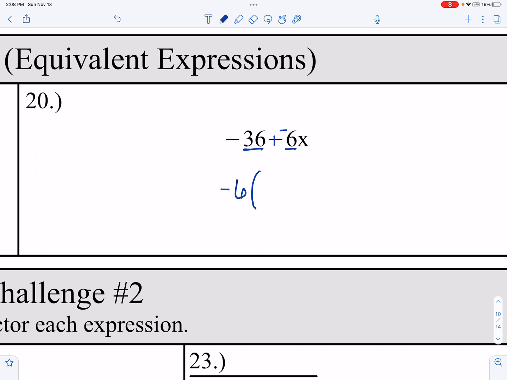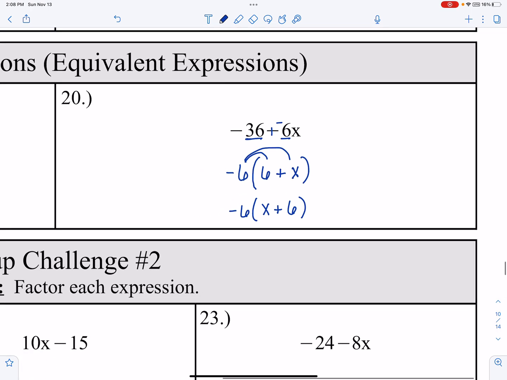So I have negative 6 times 6 equals a negative 36 plus negative 6 times x equals the negative 6x. Okay, so when I look at that, it does equal the same thing. And again, this is also appropriate. A lot of times you'll see people write the variables first and the constant last. Okay, so that's number 20.